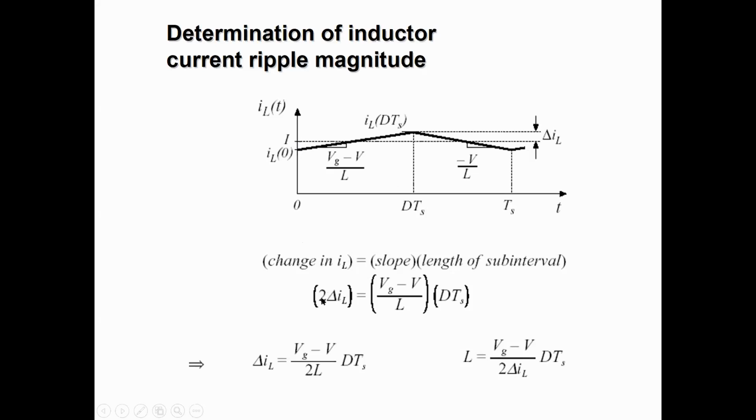So we can say that the change in the current is 2 delta iL, which is (Vg minus V) divided by L multiplied by the duration DTs.